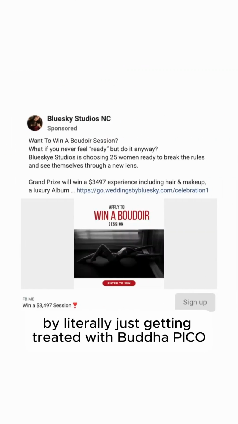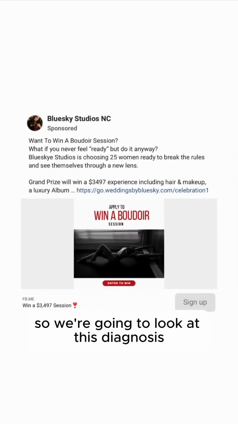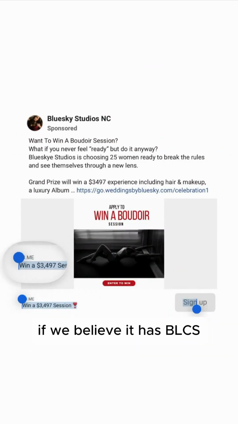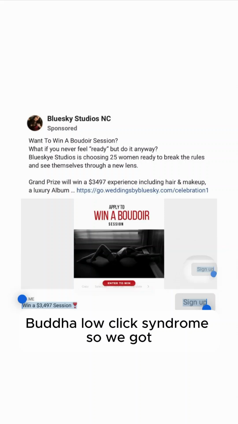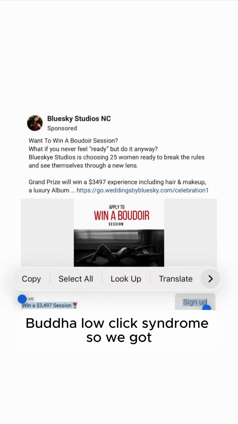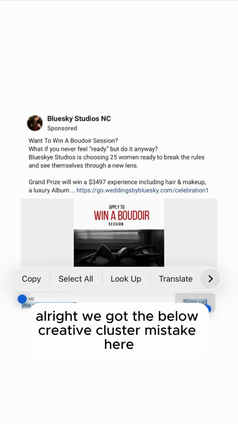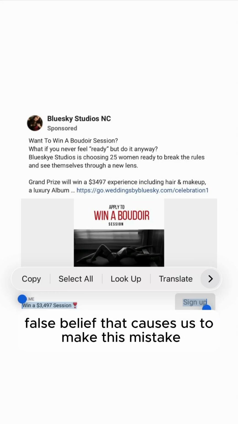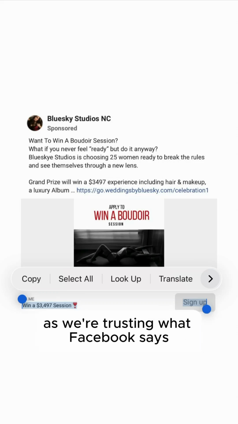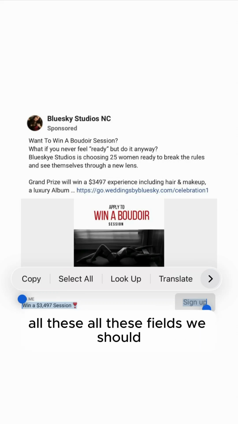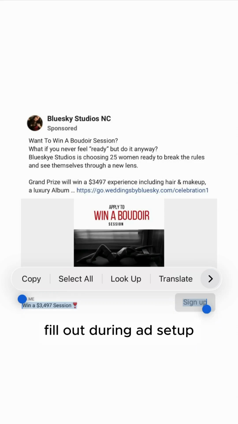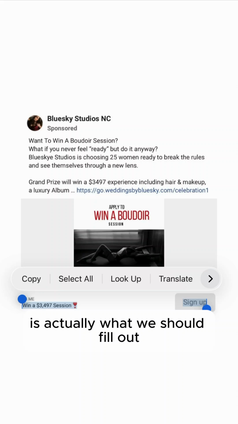Treated with Boudoir Pico. So we're going to look at this, diagnose it, see if we believe it has BLCS, Boudoir low click syndrome. So we got the below creative cluster mistake here. The false belief that causes us to make this mistake is we're trusting what Facebook says. All these fields we should fill out during ad setup is actually what we should fill out.